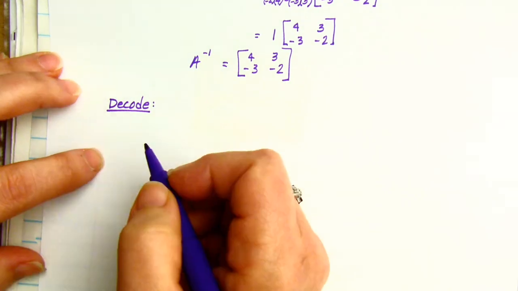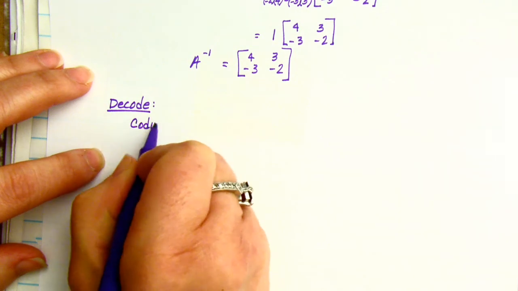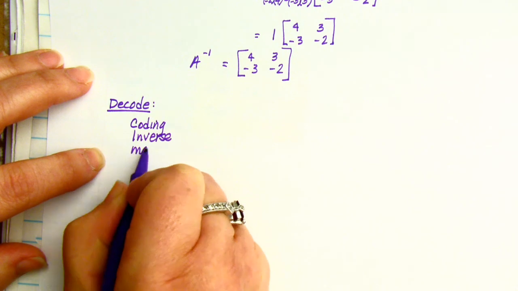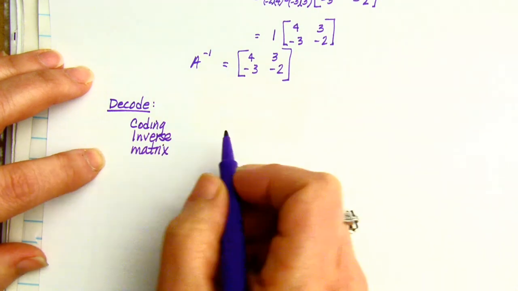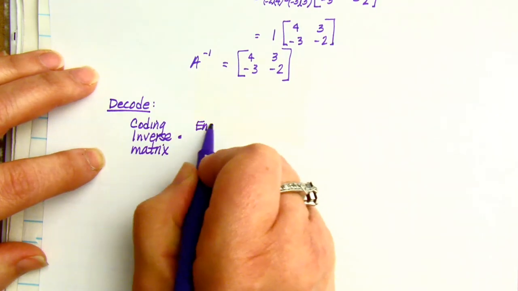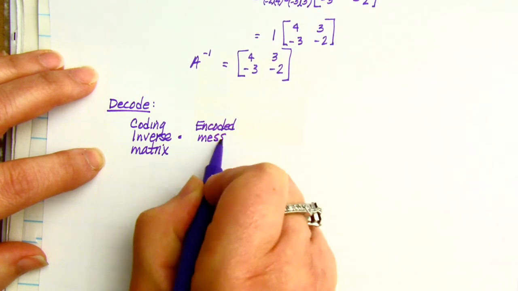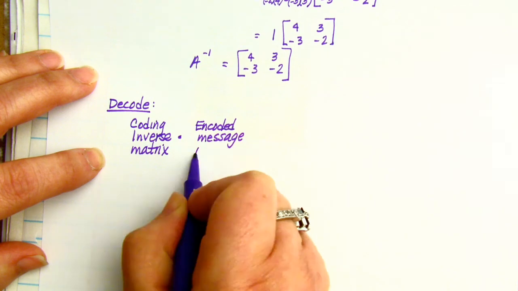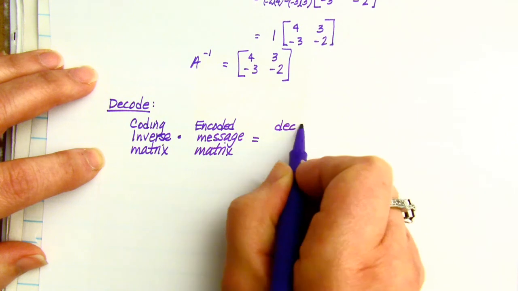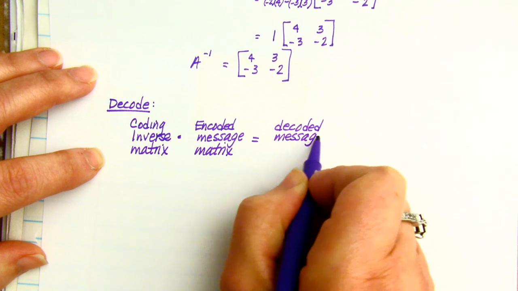So it's the inverse of the coding matrix times your encoded message, or the coded message, and that's going to equal your decoded message matrix.